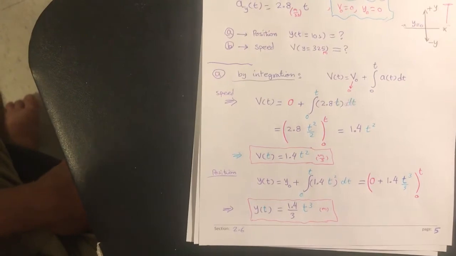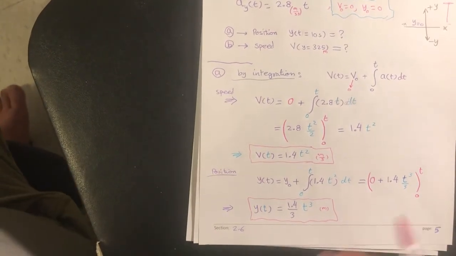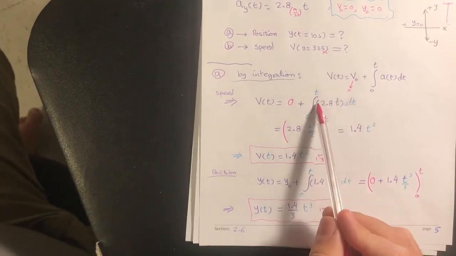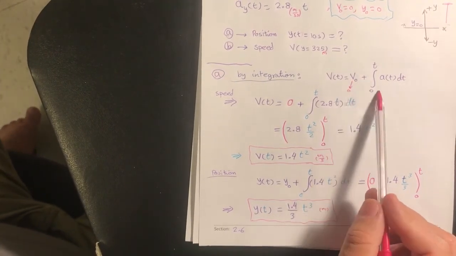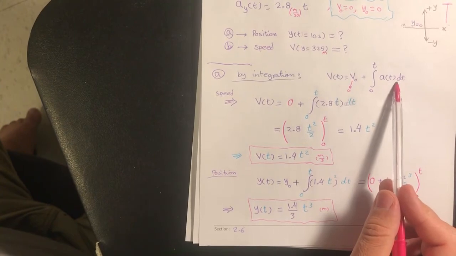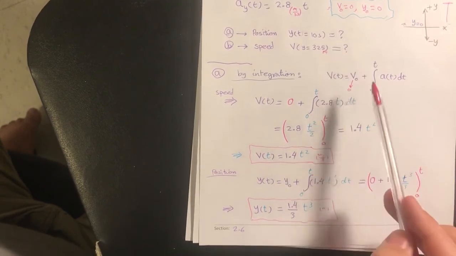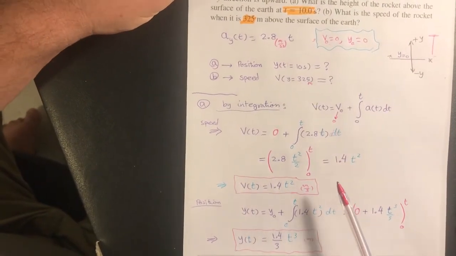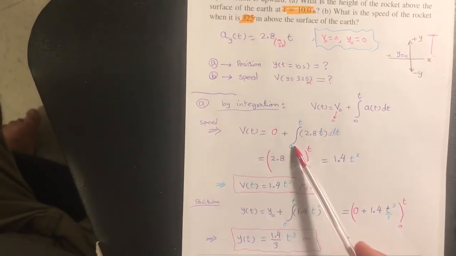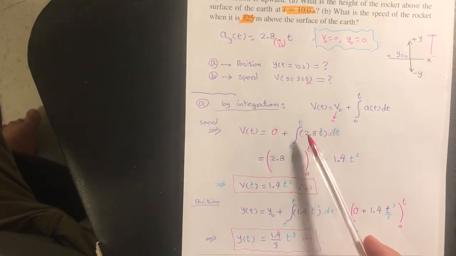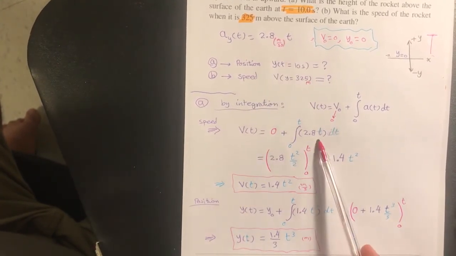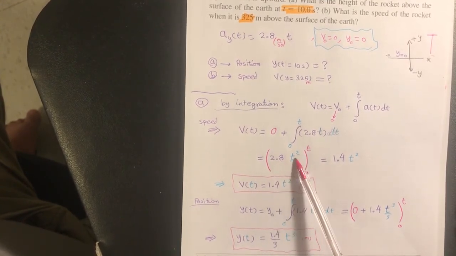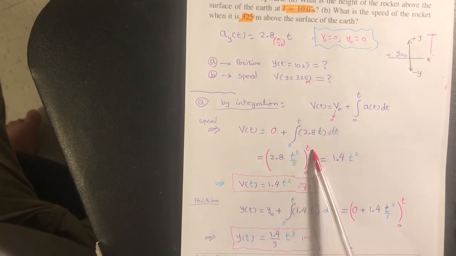Okay, by integration, we need to use integration. V of t is equal to v naught plus the integration of the acceleration with respect to t. V naught, we know it's 0 as given. The integration from 0 to t of 2.8 t dt will give us 2.8 t squared over 2 from 0 to t.